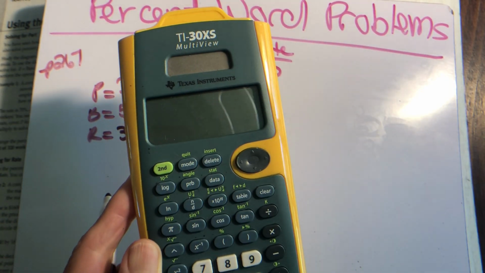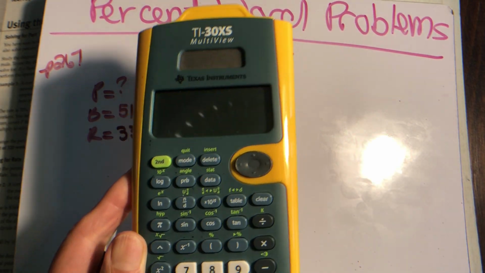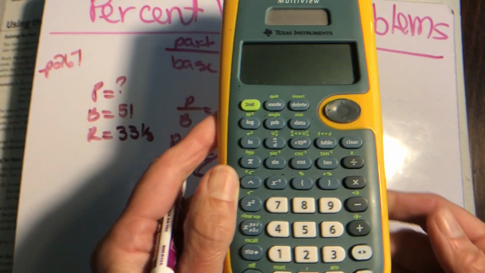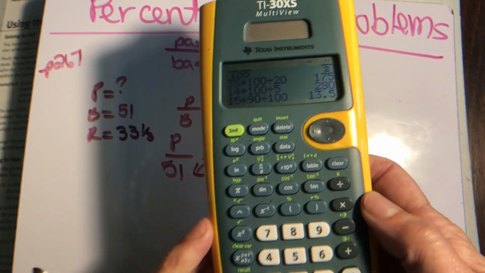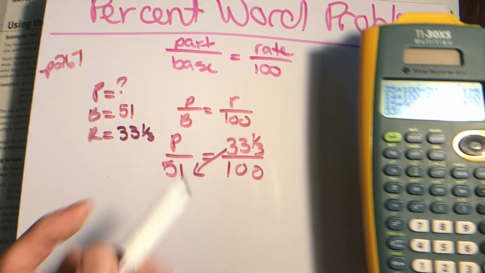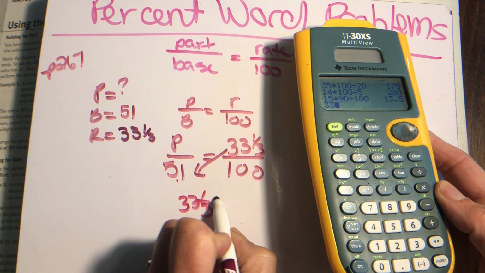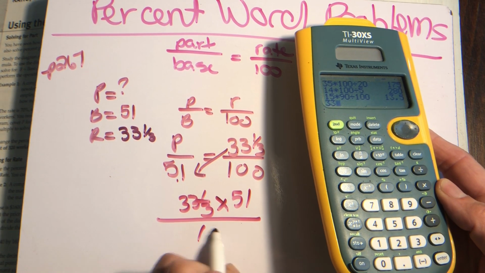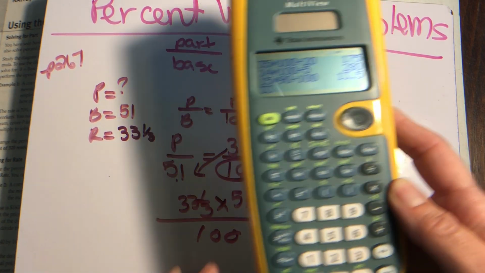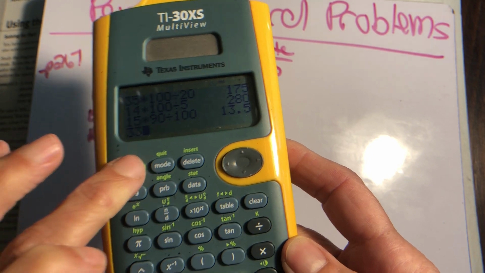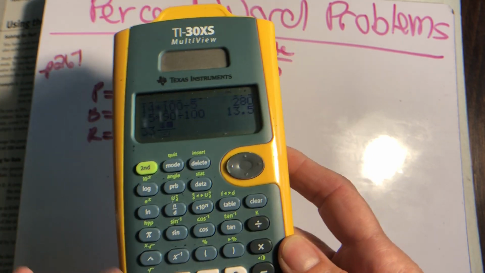Now, if you've got your calculator, we're going to work this on a calculator. Let me remind you how to put in your mixed number. So you want to say 33, because we're going to multiply 33 1/3 times the 51 over 100. That's how you're going to work it. So you got 33, second ND, there's your mixed number, 1/3.